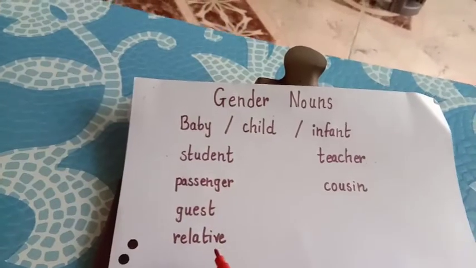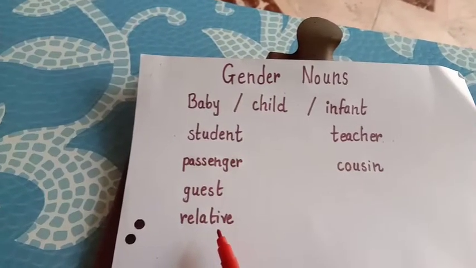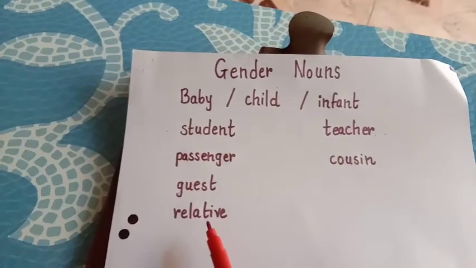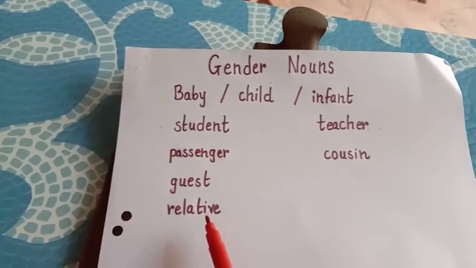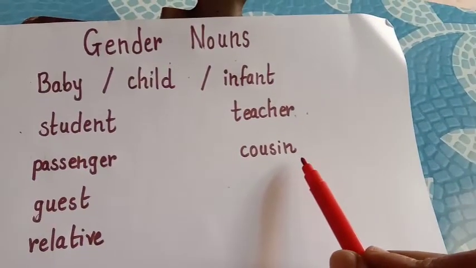Okay? Relative. The people who are related to you are your relatives. Relatives is a common gender noun for both the male as well as the female. Okay. Next is a cousin.